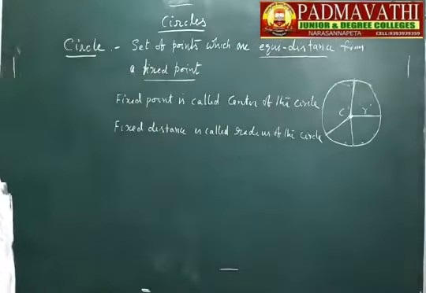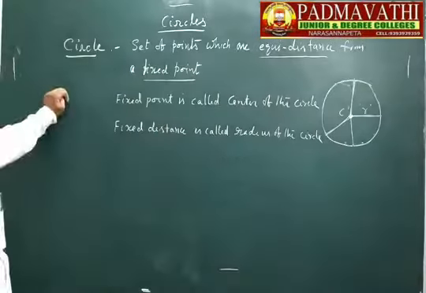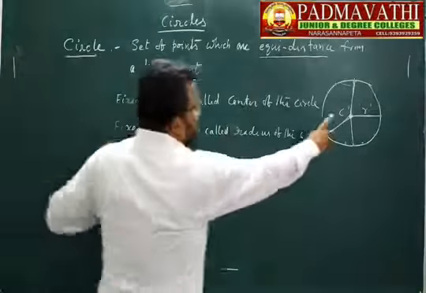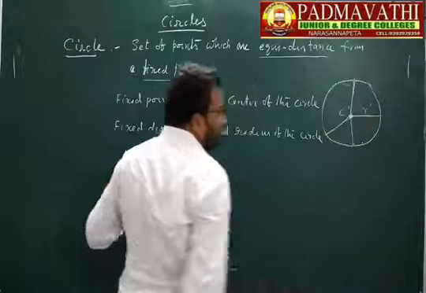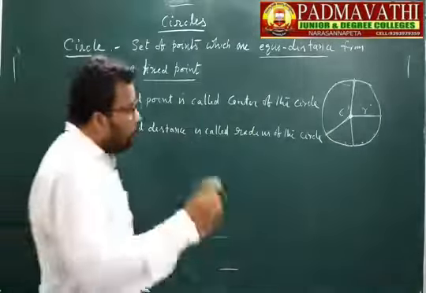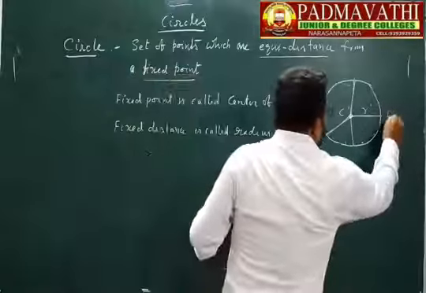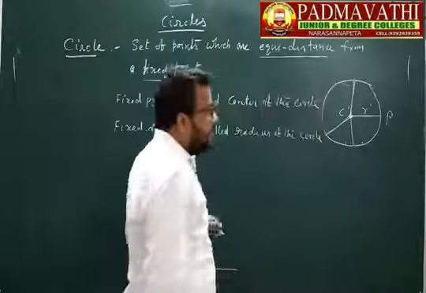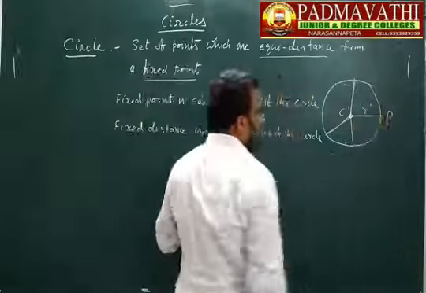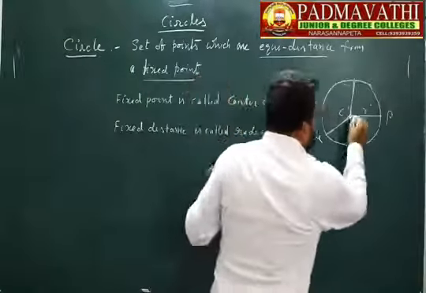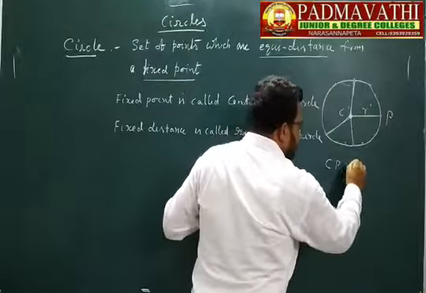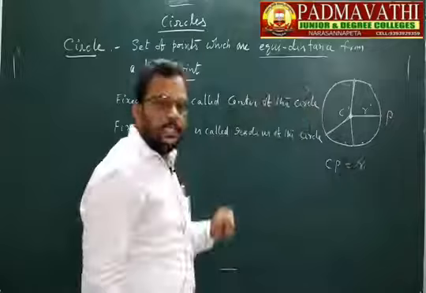That is the radius of the circle. Therefore, if a circle has center C and radius r, now in mathematical representation, if you take any point P on the circle, then the distance CP is equal to r.